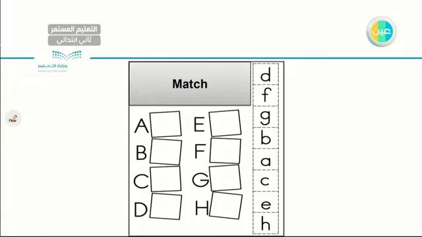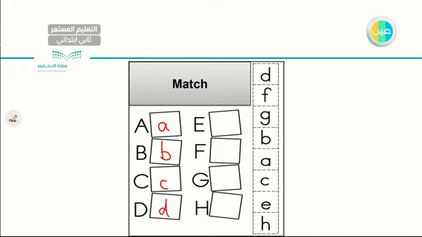Also, let's try to remember some of the earlier letters we've learned. I have A. Capital A. Where's the small a? That's the small a. Very good. The next letter I have is B. Capital B. Where's the small b? Very good. The next letter I have is C. Capital C. Where's the small c? Very good. The next one I have is D. Capital D. Where's the small d?